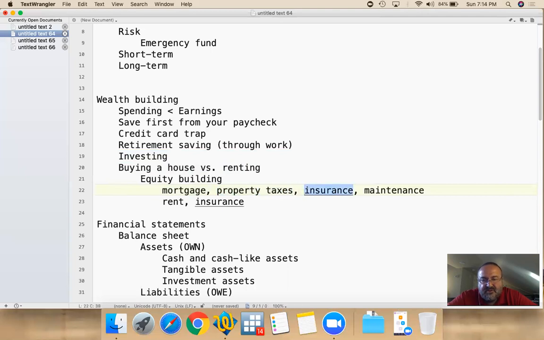You have to pay homeowners insurance. This protects you if anything happens to your home, such as a hurricane or a tornado. It also protects you against liability. Somebody drops dead in your house and you get sued, and your insurance will help you pay for the damages.